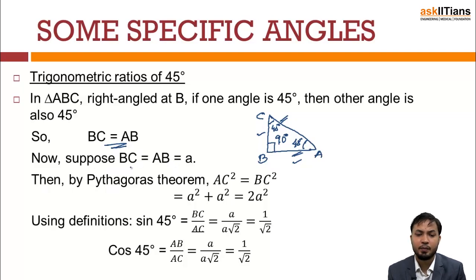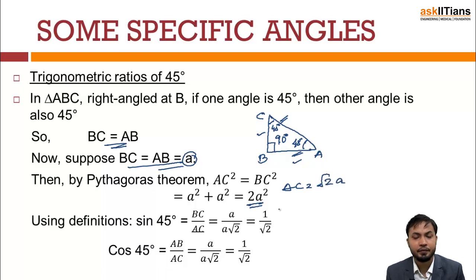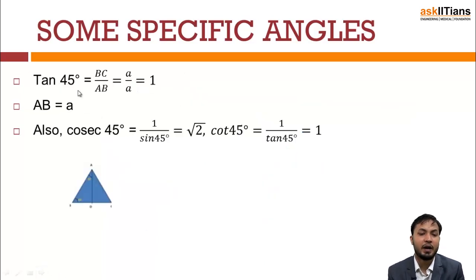Let us suppose BC is equal to AB is equal to some value A. Then by applying the Pythagoras theorem, I can find the value of AC, which becomes root 2 A. So if I put it in the definition of sine 45 degrees, I get 1 by root 2, and my cos 45 will also be 1 by root 2. Now this is the easiest one of all. So my tan 45 will be equal to 1.